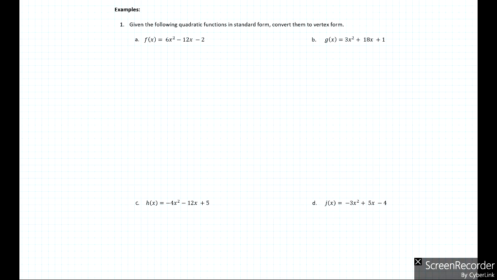And the difference here, with the leading coefficient being not equal to 1, is we're going to go ahead and factor out the leading coefficient so we can transform this type of problem into a similar form as if the leading coefficient is 1.